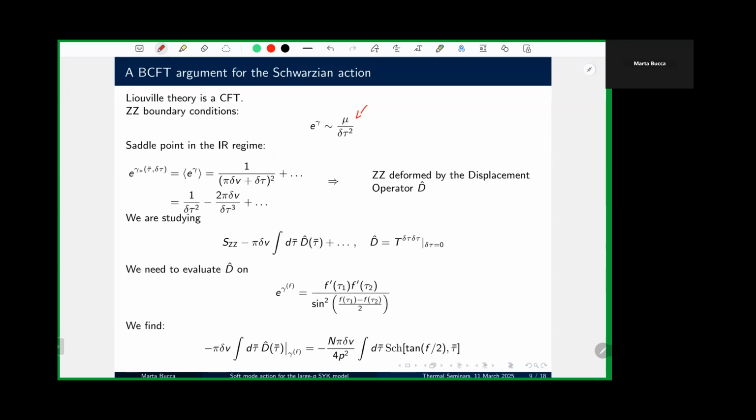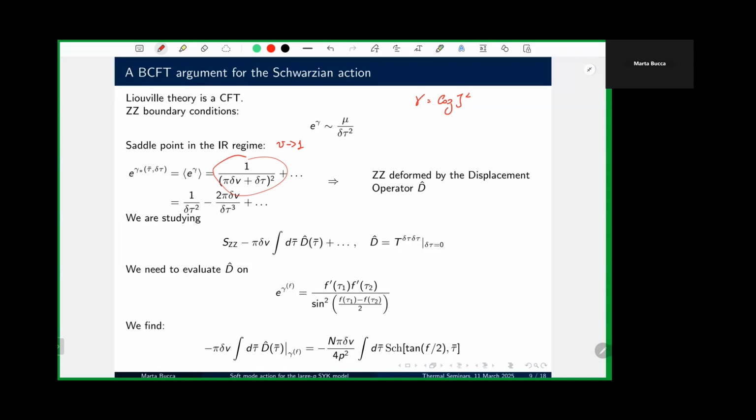Of course, these are not the boundary conditions that we have, because we have that gamma is equal to the log of j squared near the boundary, right? However, if you now look at the saddle point and you consider it in the infrared regime, so you're sending B to 1, and you then expand your saddle point close to the boundary, you find the following expression. So you find 1 over pi delta V plus delta tau squared.